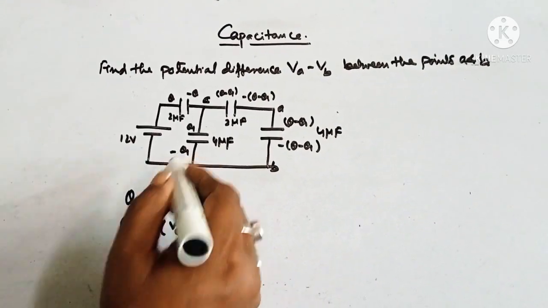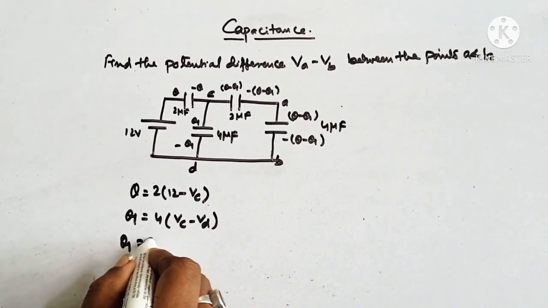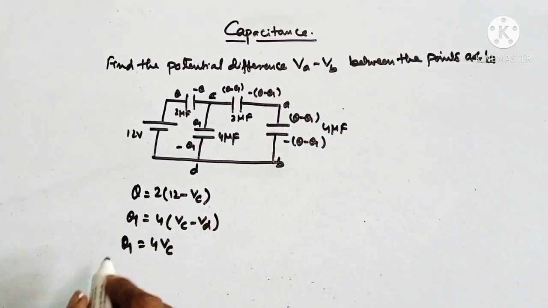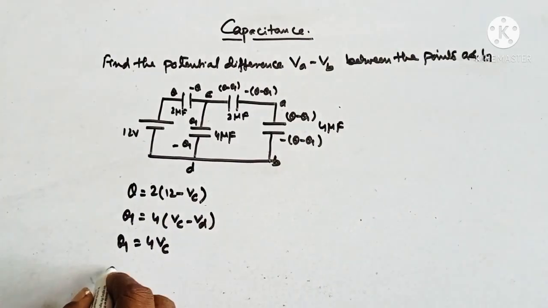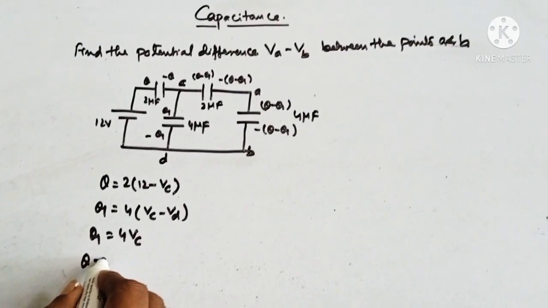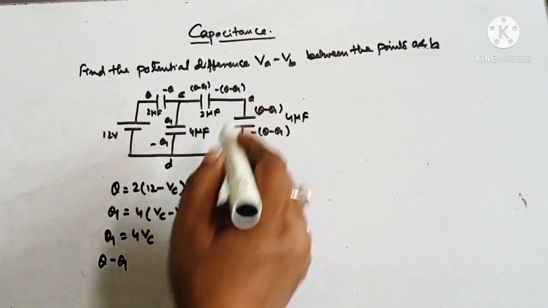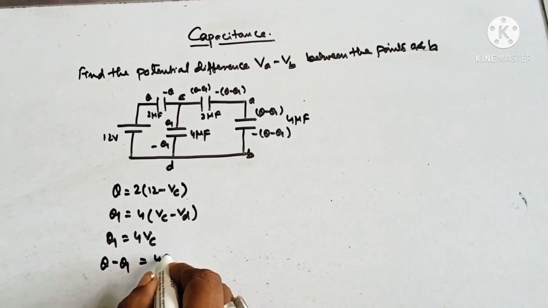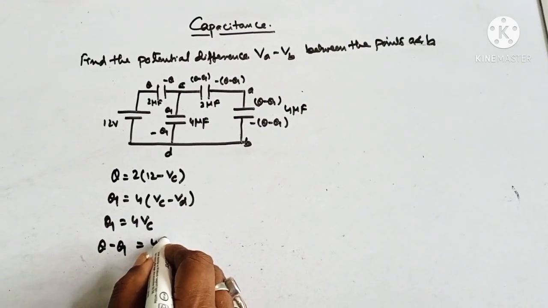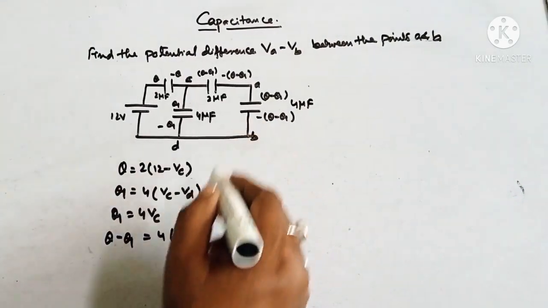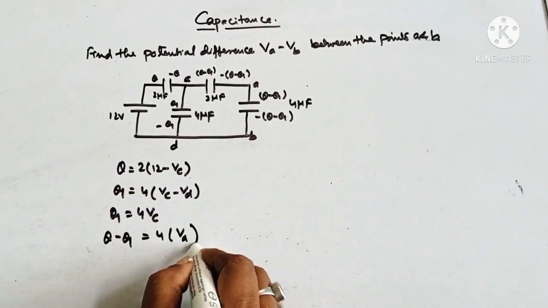VD is your zero potential, so Q1 will equal 4 VC, and here again Q minus Q1, here, this will be how much? 4, yeah, this is VA, and since VB is your 0, so VA.